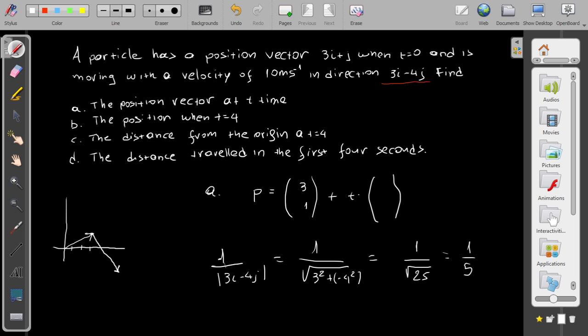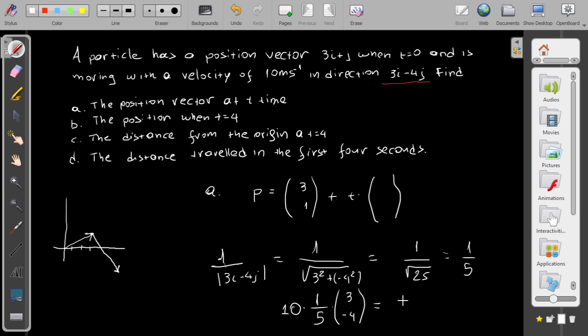So I know that my unit vector is 1 over 5. Now to produce my direction vector, I just need to multiply the magnitude of the velocity of the particle times my direction vector, 3, minus 4.